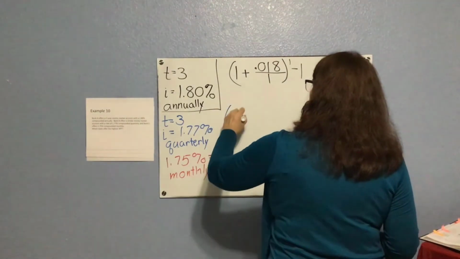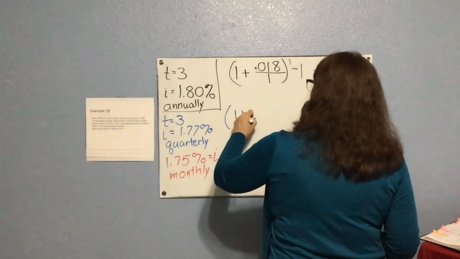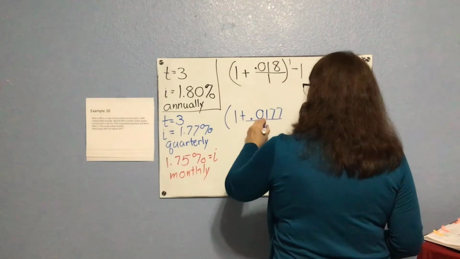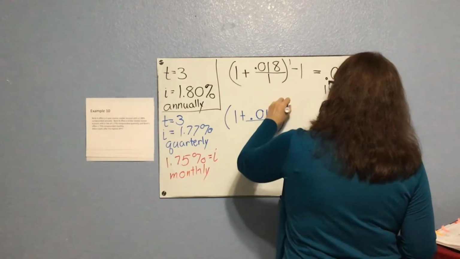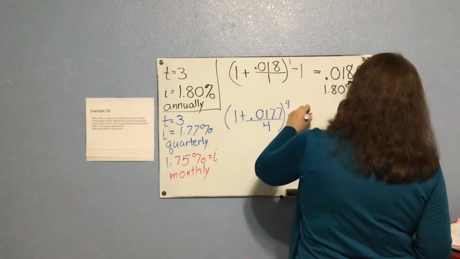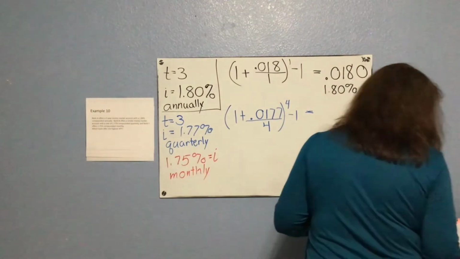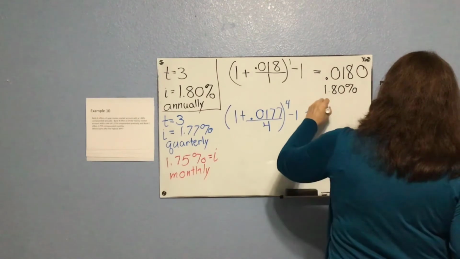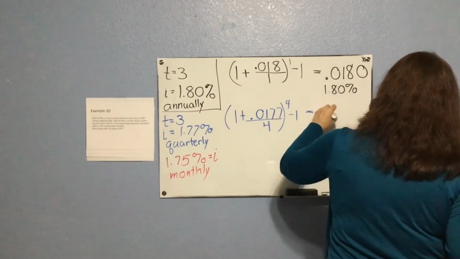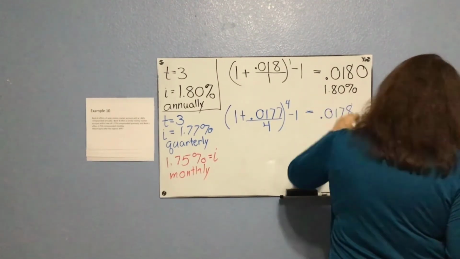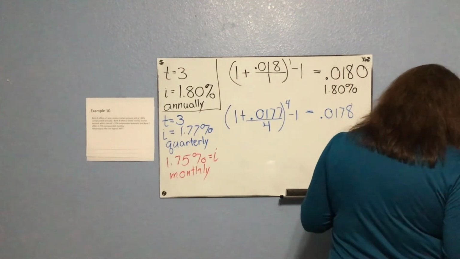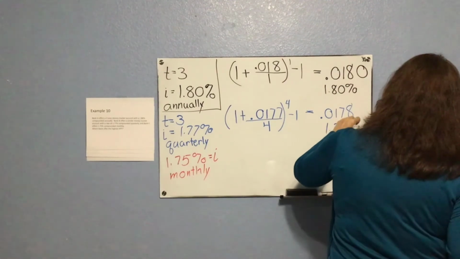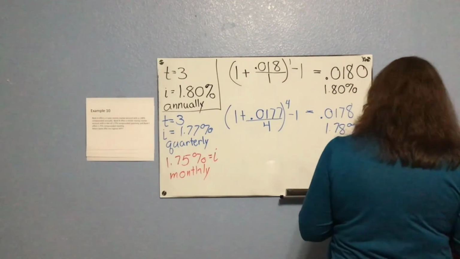This is going to be 1 plus 0.0177 over 4 raised to the 4th, minus 1, which gives us 0.0178, or 1.78% APY.